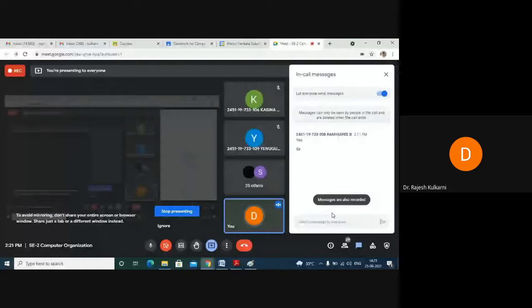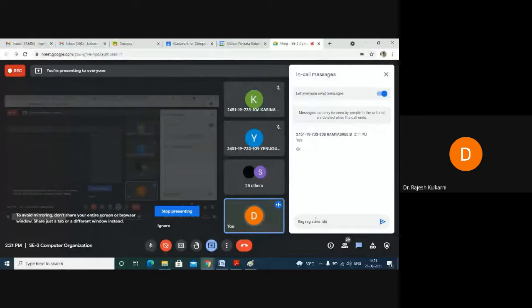As far as flag registers are concerned, there are two categories: status flags and control flags.